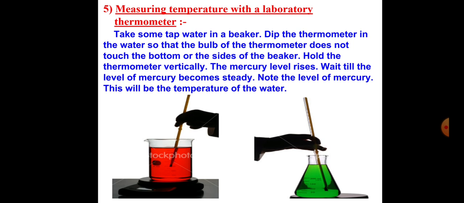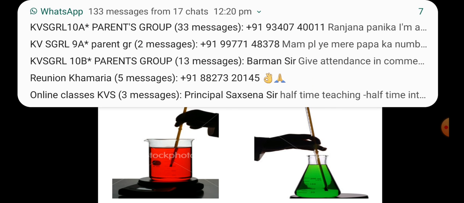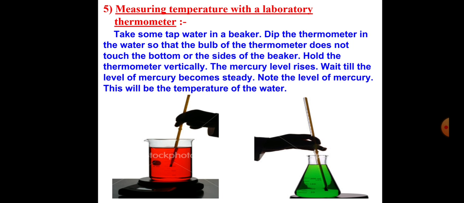Hold the thermometer vertically. The mercury level rises. Wait till the level of mercury becomes steady. Note the level of mercury. This will be the temperature of the water. In this way, we can measure the temperature of anything by putting the thermometer into it.